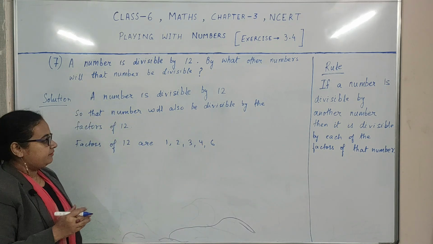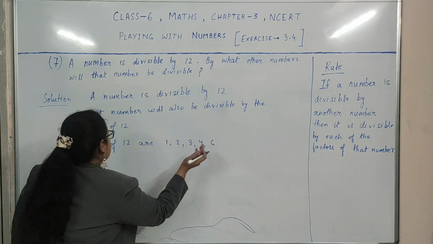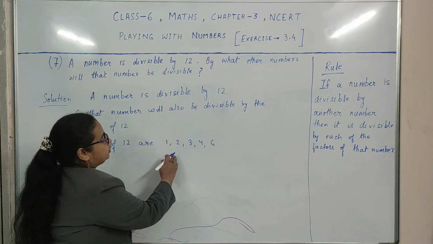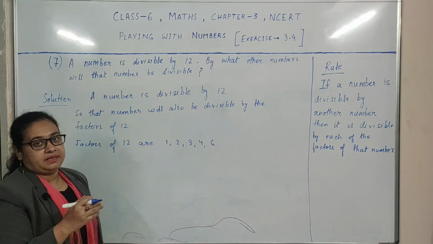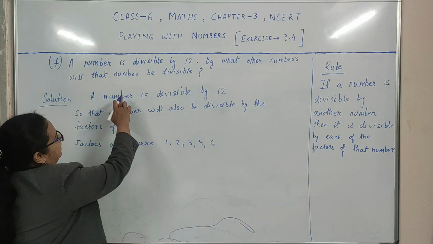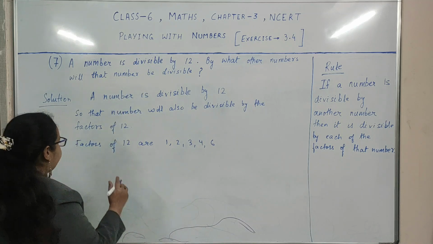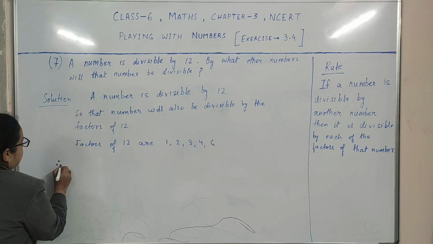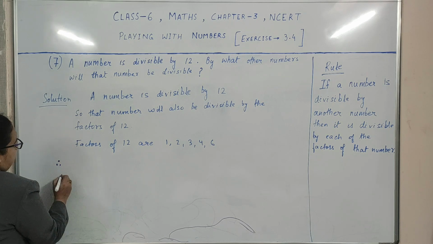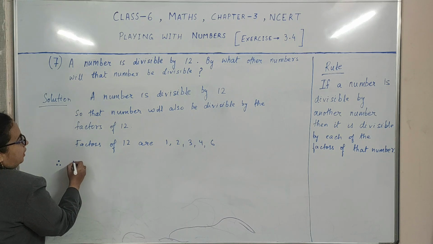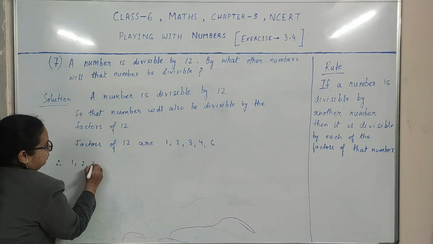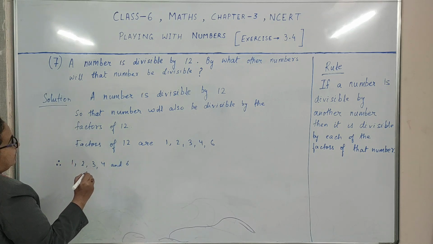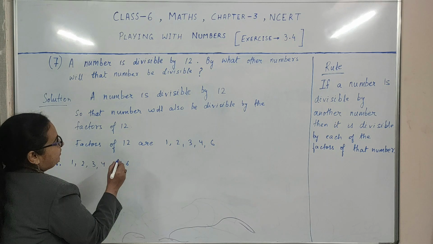Therefore that number will be divisible by 1, 2, 3, 4 and 6 also. Or we can write it like this, that 1, 2, 3, 4 and 6 are the other numbers by which that number will be divisible. This is the symbol of therefore, 2 dots down and 1 on those 2 dots.